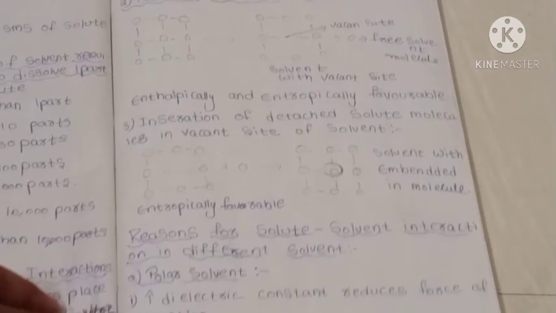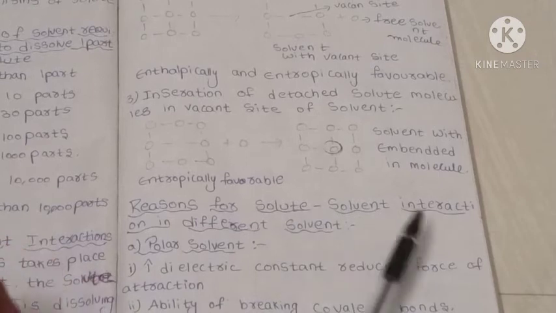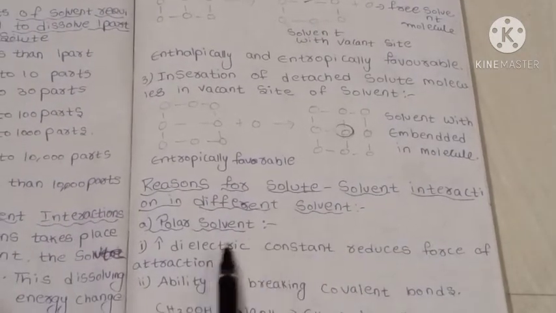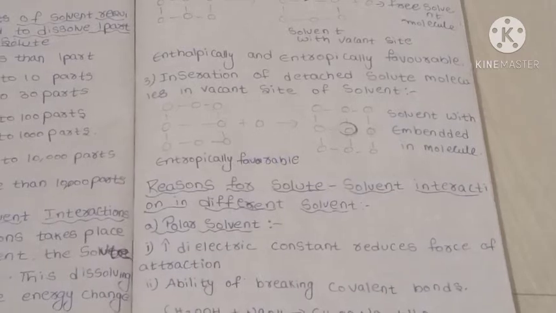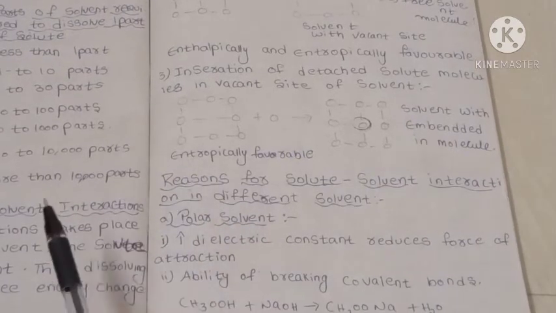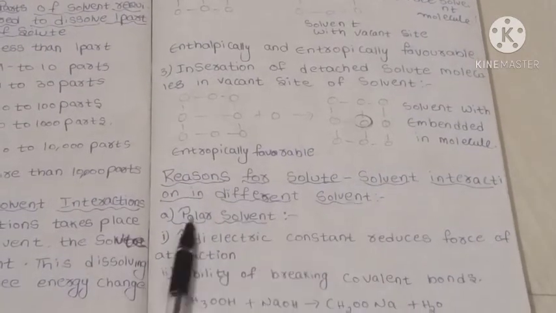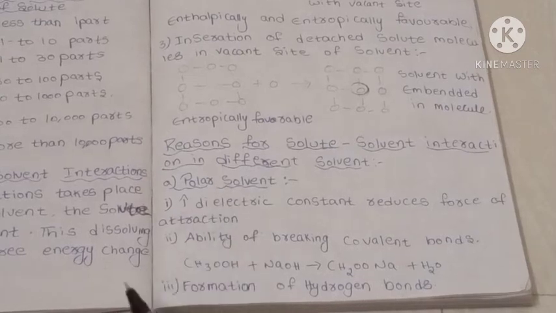Now we will see the reasons for solute-solvent interactions. The main reasons relate to the different types of solvents. As we know, we have polar solvents and non-polar solvents. The first reason is polar solvents.